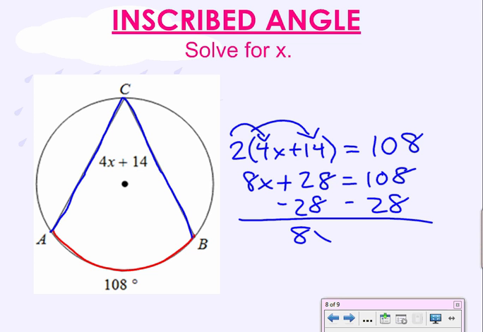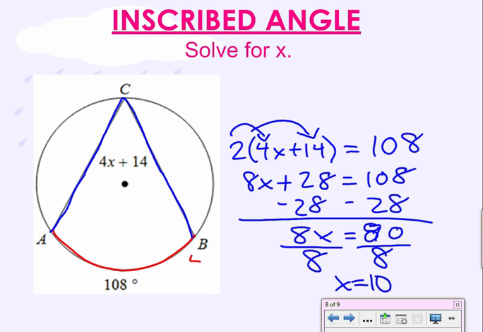So I'm going to have 8x equals, let's see, 80. And I'm going to divide by 8. And I'm going to get x to equal 10. Now another way to have solved that problem would have been not to distribute the 2, but to divide by the 2 at the beginning.